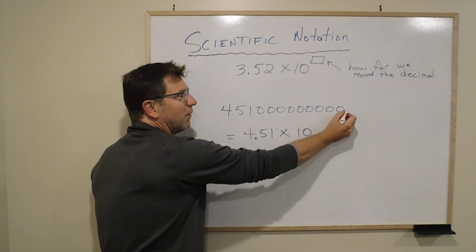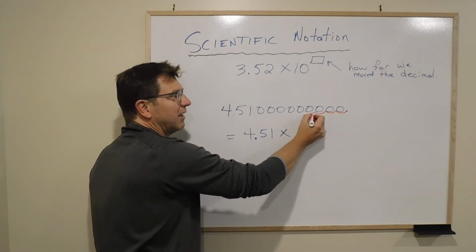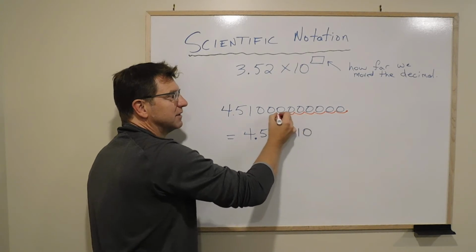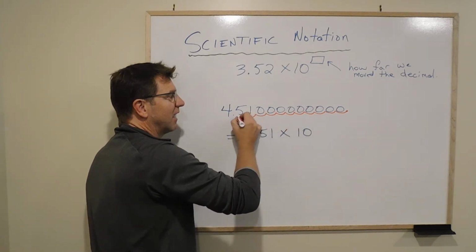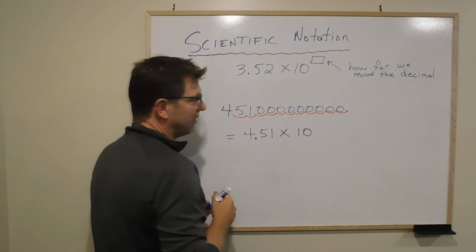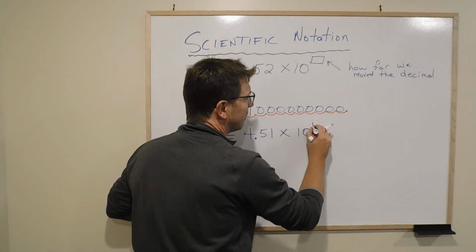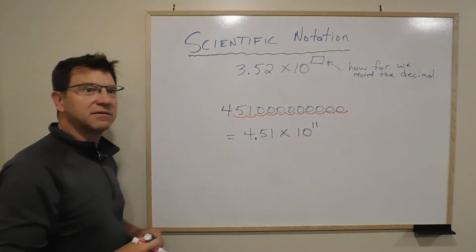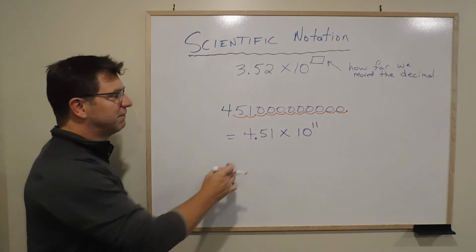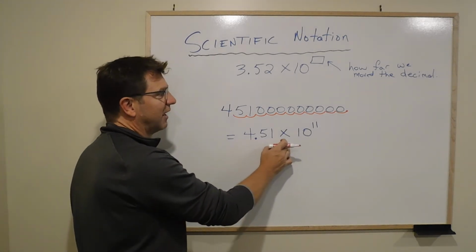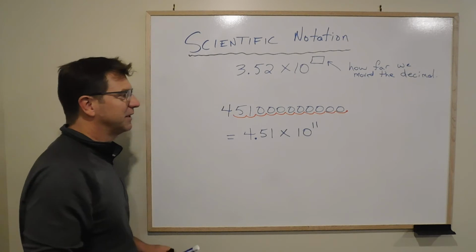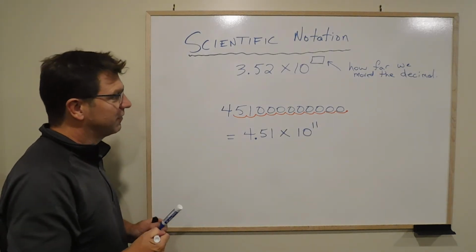So we ended up moving it 1, 2, 3, 4, 5, 6, 7, 8, 9, 10, 11. Therefore, this is to the exponent 11. Okay? So it's saying 4.51 times 10 to the exponent 11 because it represents how far the decimal's been moved.